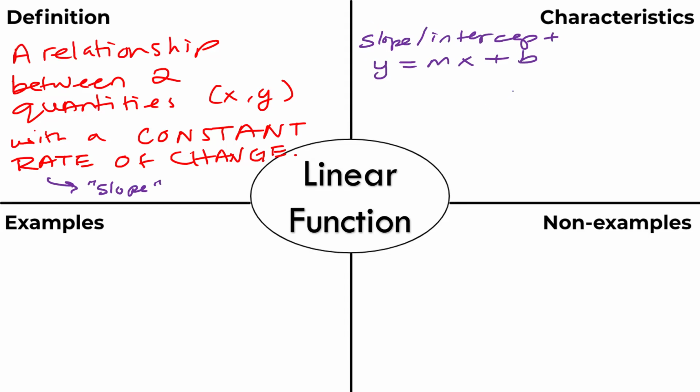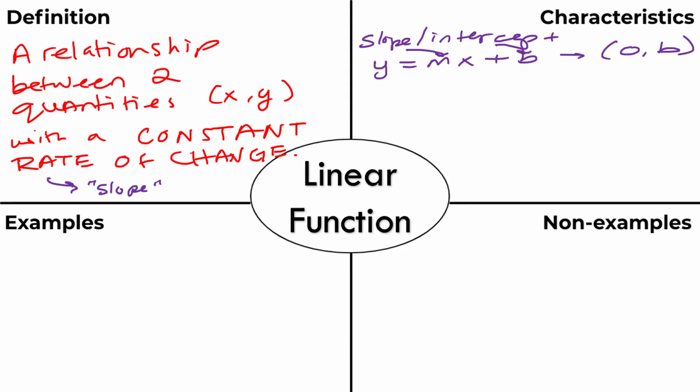Does that ring a bell? Slope-intercept means that from this, you should be able to tell me what the slope is, which is your m, and what your y-intercept is, which is your b. Your y-intercept is (0, b). That's the number one thing you should have left Algebra 1 knowing.